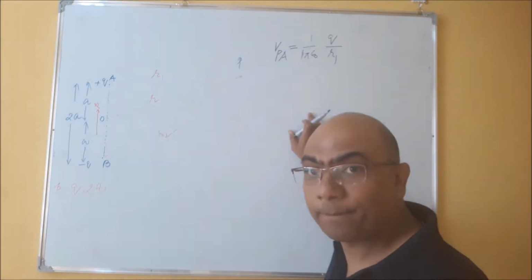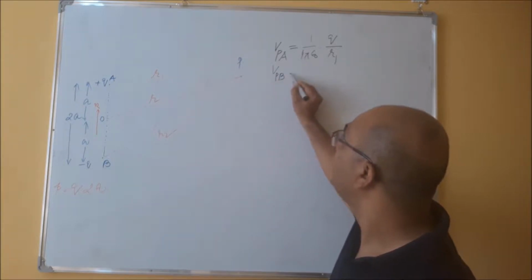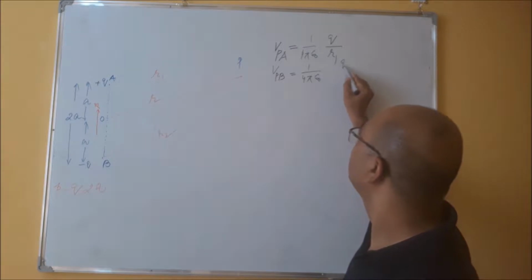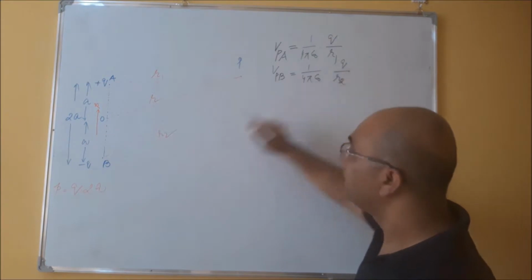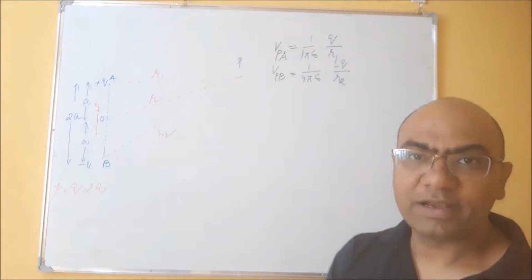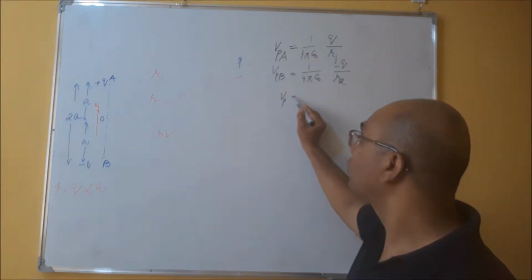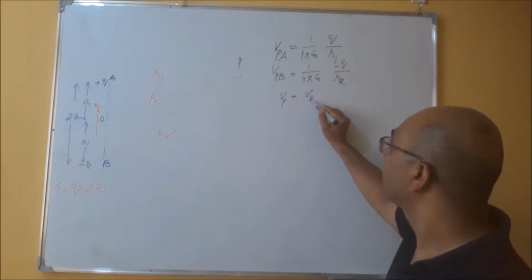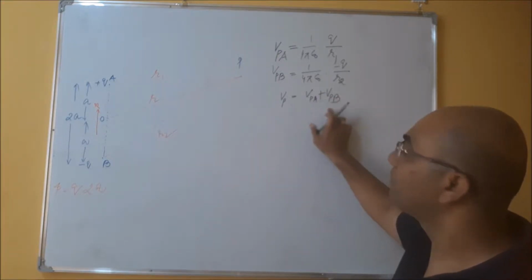Similarly, the value of potential at P due to B is given by 1 upon 4 pi epsilon naught, q upon R2. But since it is a negative charge, we will take it as negative. So the total potential at point P is given by V_PA plus V_PB.